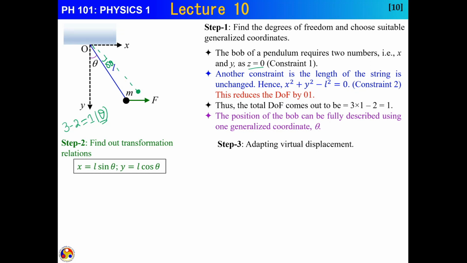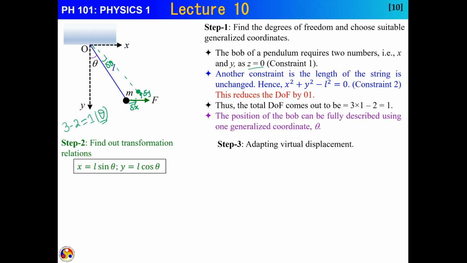Now the bob is moved along the x direction some amount and along the y direction some amount. So let's say this is delta x and this is my delta y. So along x some movement happens, which is my delta x, along y, that is delta y.